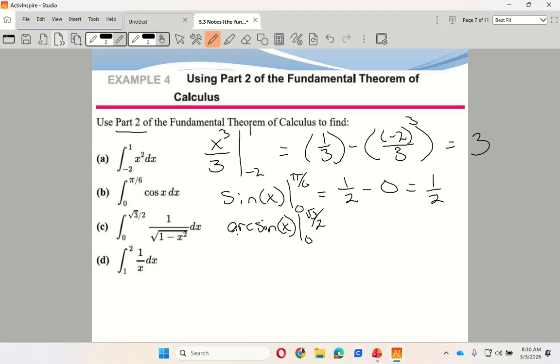All right, top minus bottom. So where on the unit circle is sine square root of 3 over 2? Pi over 3. Where on my circle is sine equal to 0? 0. And then what's sine's domain? Sine's domain is from negative pi over 2 to pi over 2.